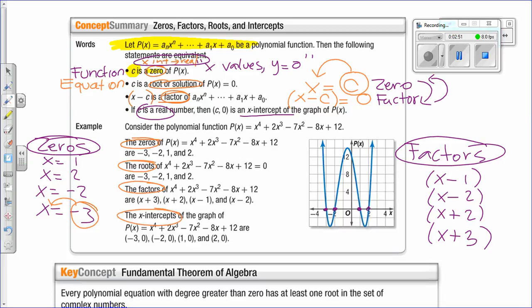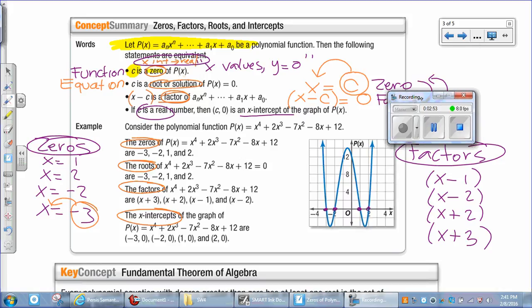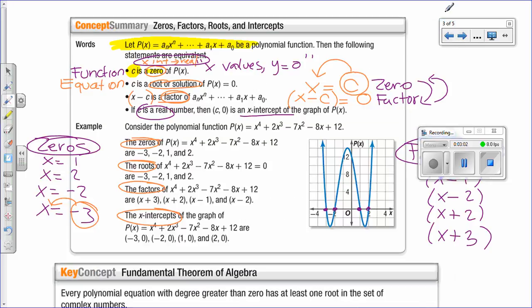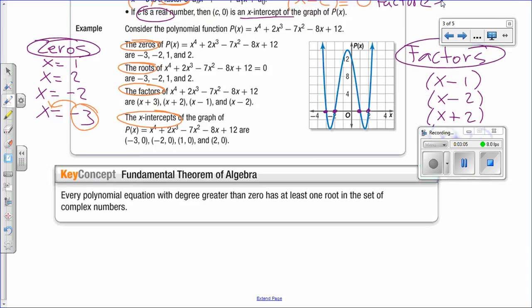Now let's move on to the next slide, and we're going to look at a new concept. Actually, I'm not sure if we got to look into this one, but the fundamental theorem of algebra says that every polynomial must have at least one root, if it is a degree greater than 0, which will start with linear functions, they are of degree 1.